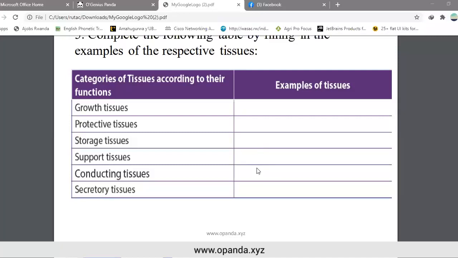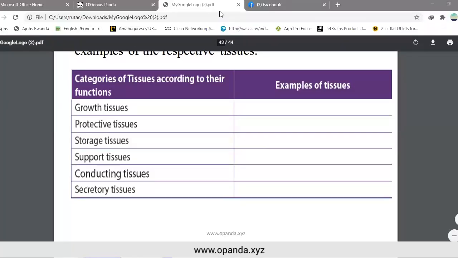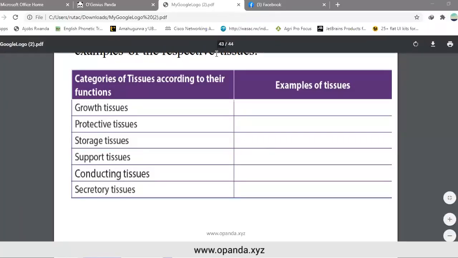Tumukunde, for support tissues. Okay, for supportive tissue, I can put sclerenchyma. Very good. For connecting tissues, Tumukunde again.